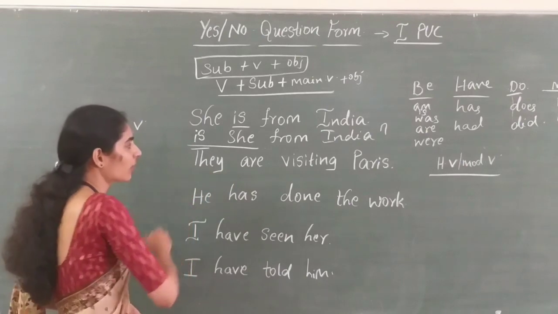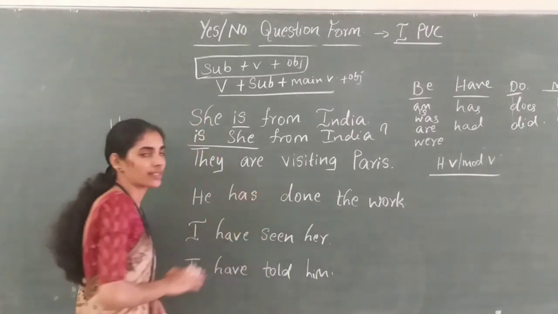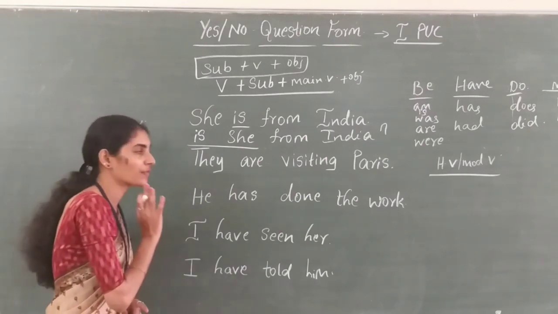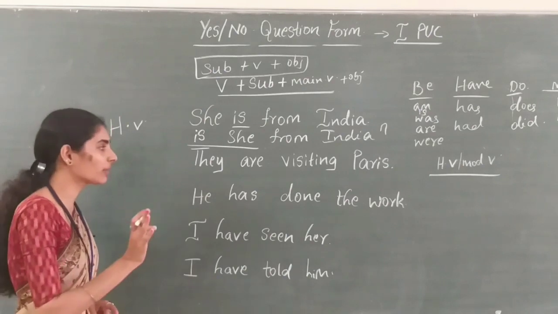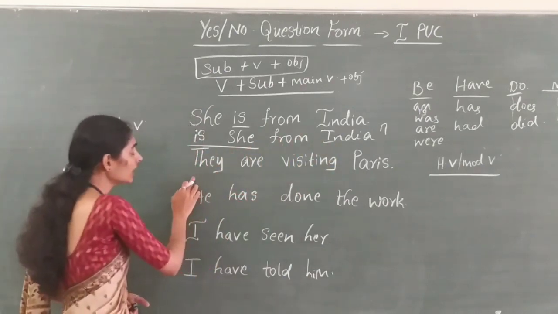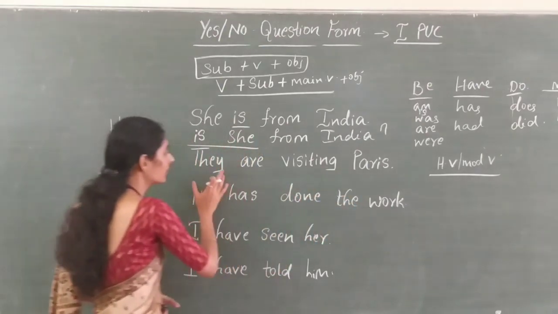Okay, now look at the second one here. They are visiting Paris. You need not add anything here. Just change the position of subject and verb, and that becomes the question. Is she from India? Now, look at the next question. They are visiting Paris.